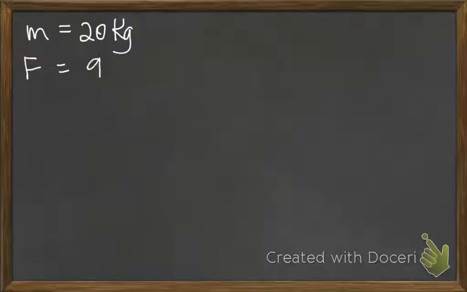Starting off with everything that was given. What was the first thing that was given? Is that weight? That is mass. 20 kilograms. What else was given? Okay. Pulls with a force of 90 newtons. We have had lots of labels on forces.